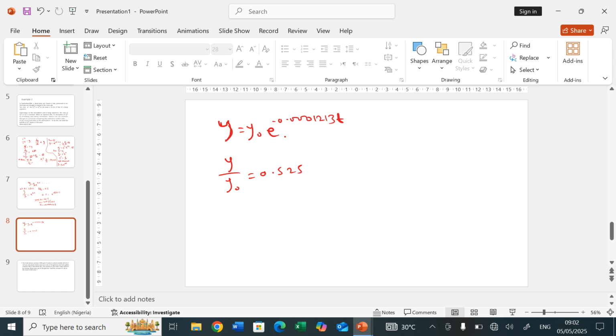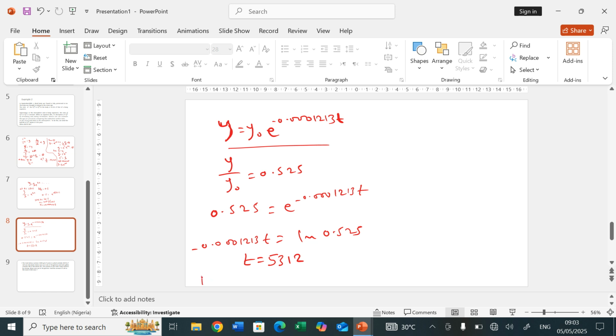So 0.525 equals exponential minus 0.0001213 t, and minus 0.0001213 t equals ln 0.525, and our t equals about 5,312 years. So the body died about 5,300 years ago.